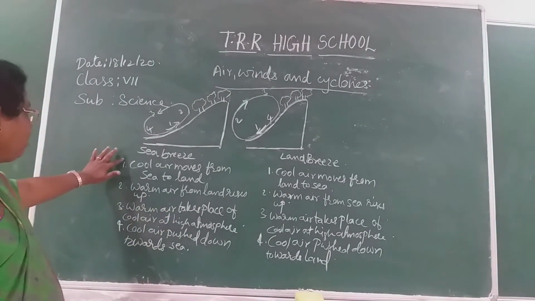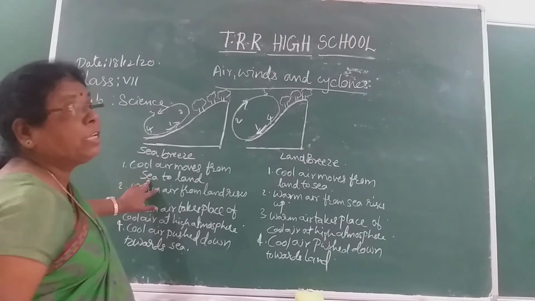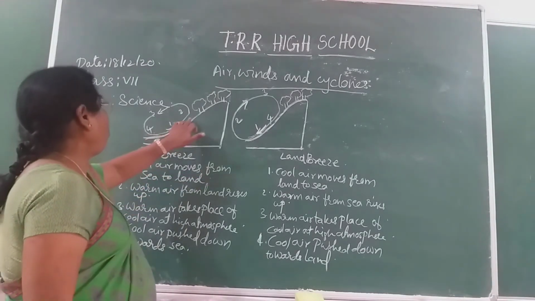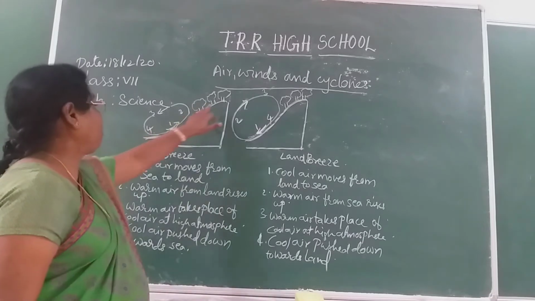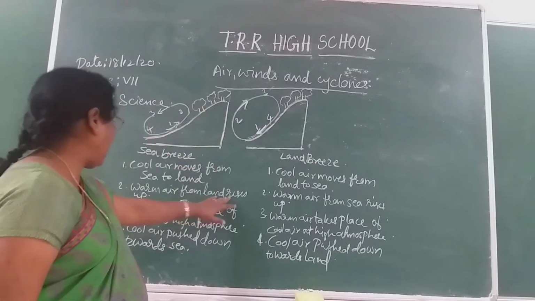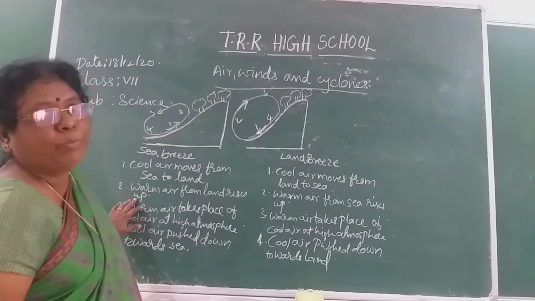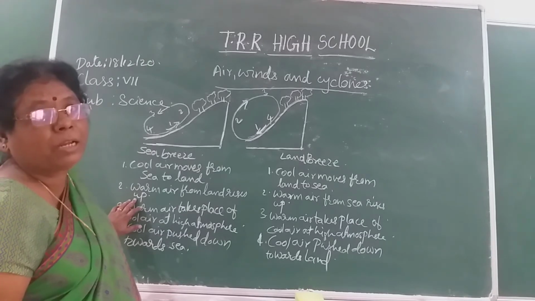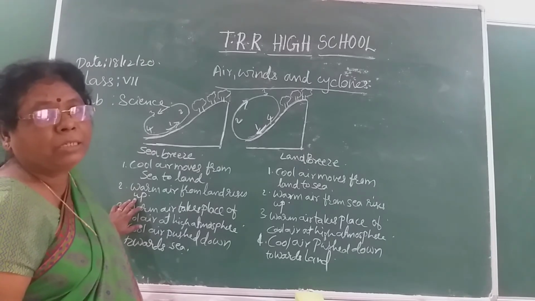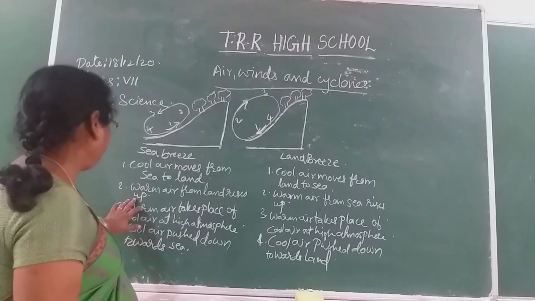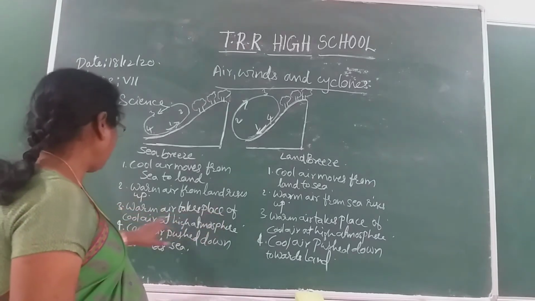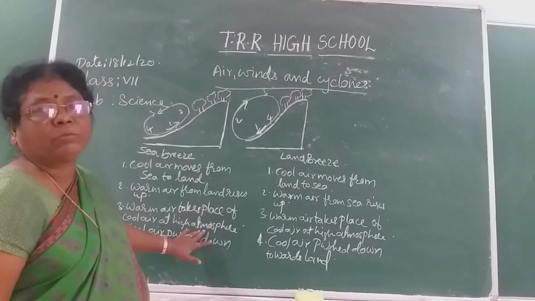So what is a sea breeze? Cool air moves from the sea to the land. Warm air from the land rises up. Why? Because of the heat of the sun, the air becomes lighter and moves up. Warm air takes the place of the cool air in the high atmosphere.